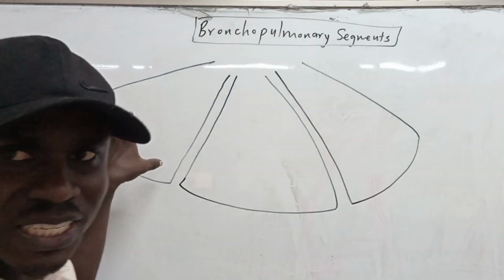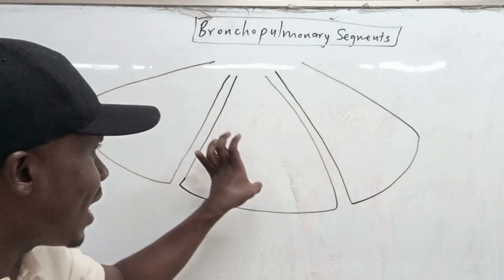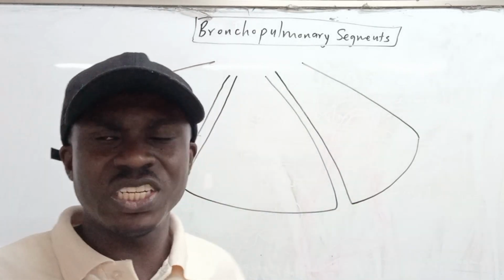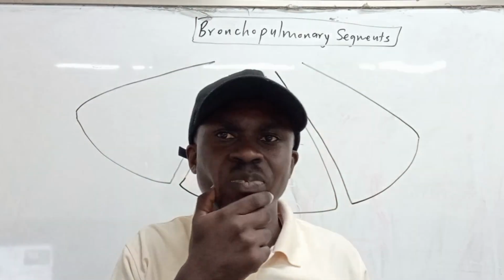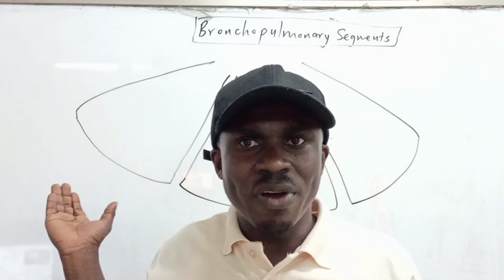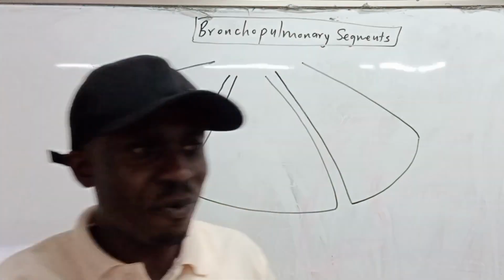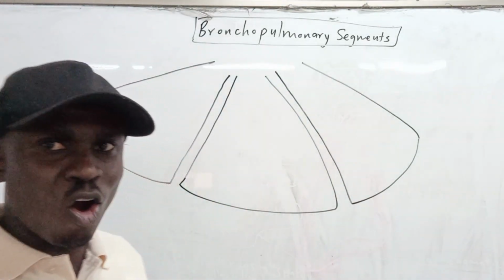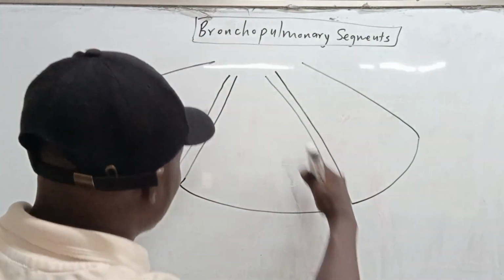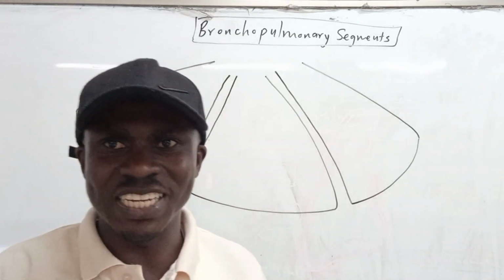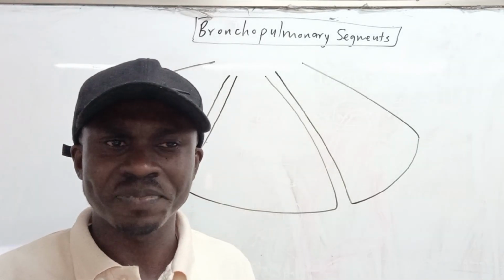So this is one unit, one bronchopulmonary segment, another. What shape am I trying to convey over here? It's more or less like triangular pyramidal structures. So when we ask you the shape of the bronchopulmonary segments, they are triangular pyramidal in shape. It's as simple as that.